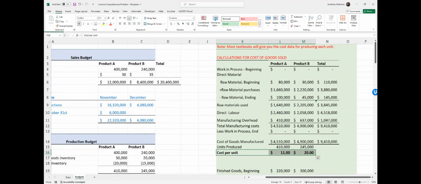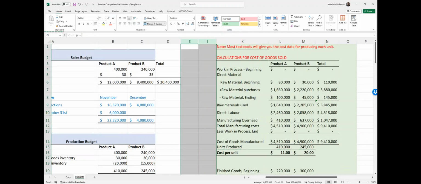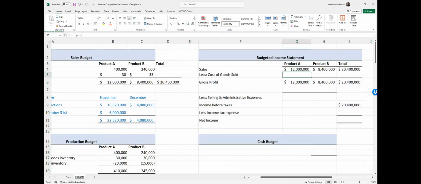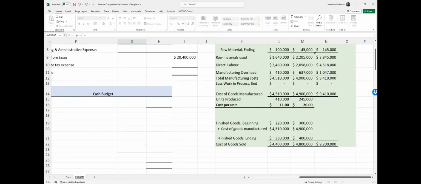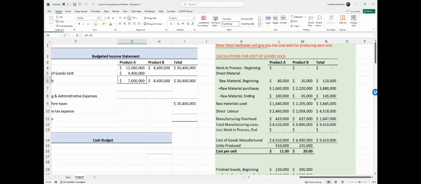All right, so let's now go back to our income statement and put in our cost of goods sold. So there you go, cost of goods sold, and then you have your gross profit.